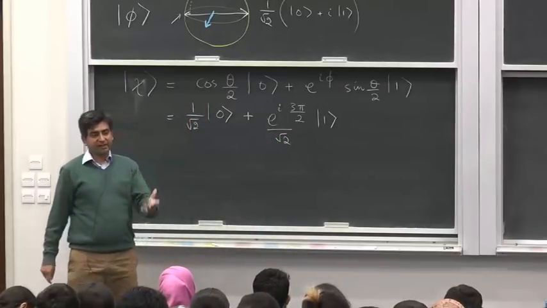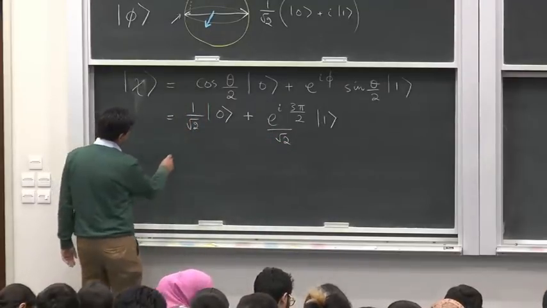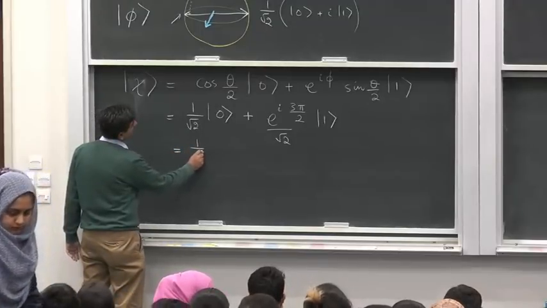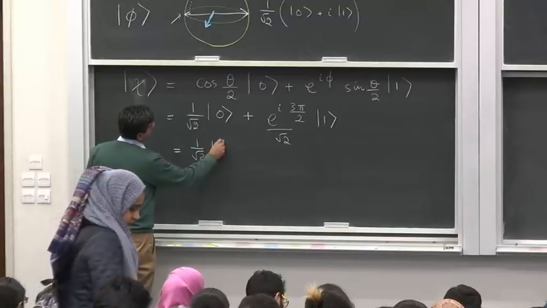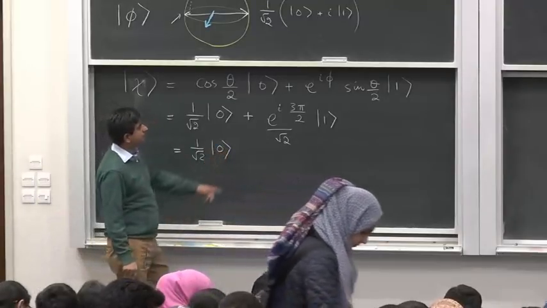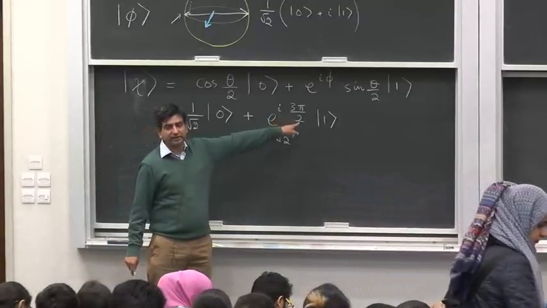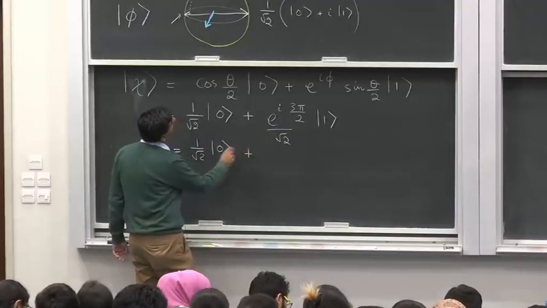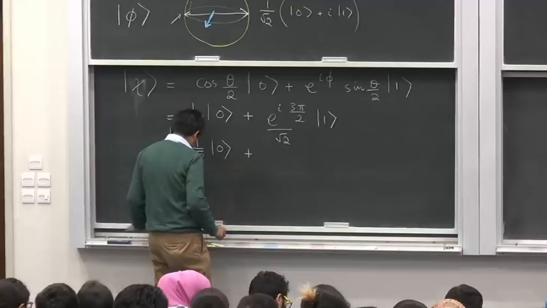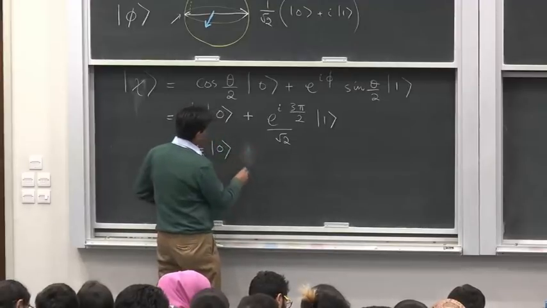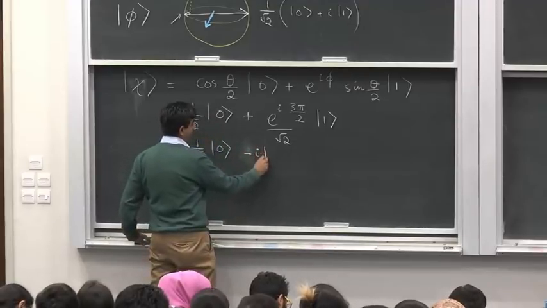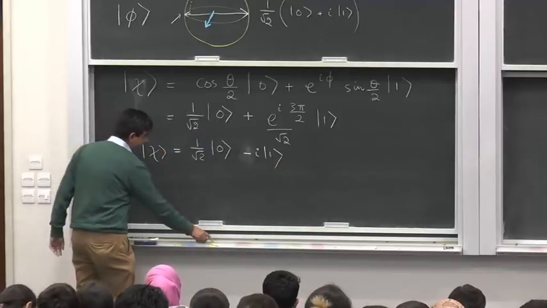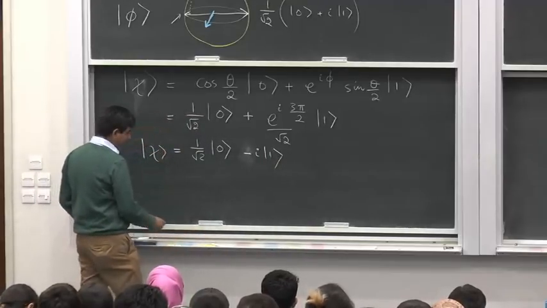It's minus iota. So this is my chi, over under root 2.